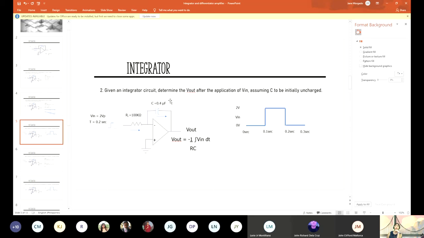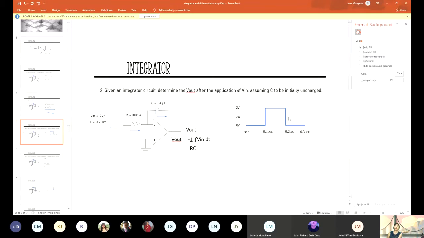So given an integrator circuit, so take note we have the same given. So capacitor is still 0.4 microfarad, input resistor is still 100K. Okay, so the difference is that you have an input voltage at 2 volts peak, T of 0.2 seconds. So we have a square waveform here.